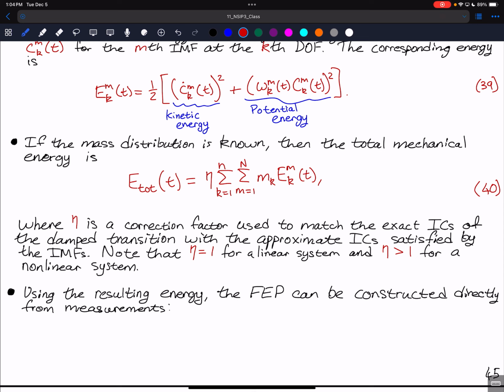But I agree with you, this is confusing. So let's just make it clear: M sub k is the mass at the kth DOF, however that has either been measured or estimated using some modeling technique. You're right, that is actually conflicting and confusing. That's fair.